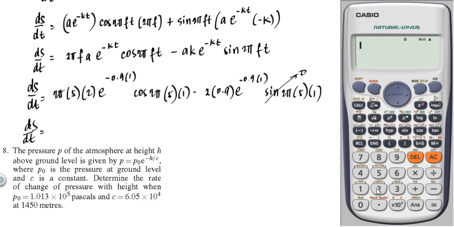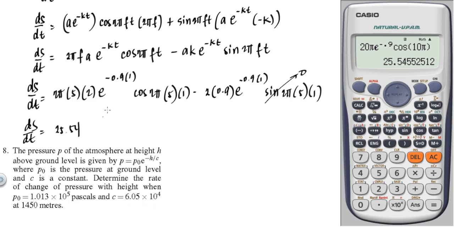Okay, 20 pi times e raised to negative 0.9, times cosine. Radian mode, ha? So, 2 pi times 5 is 10 pi. There. So, press equals, 25.54. Sige, 25.54.